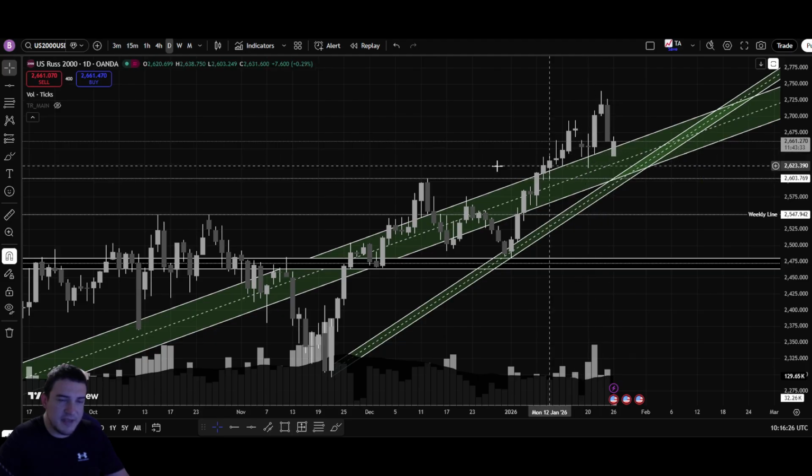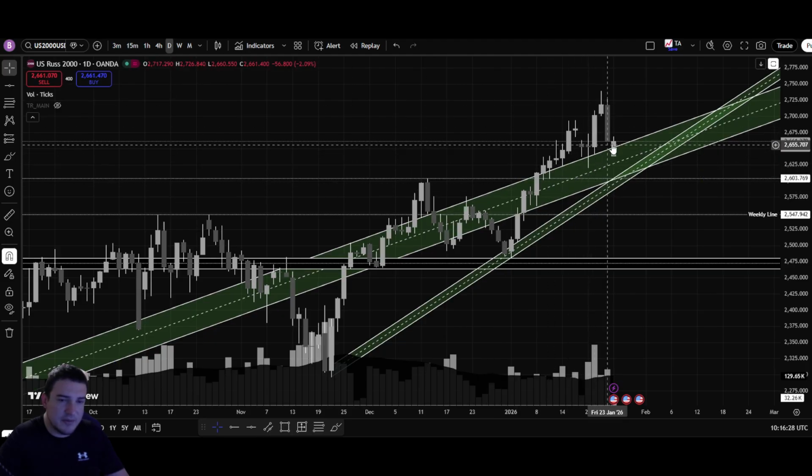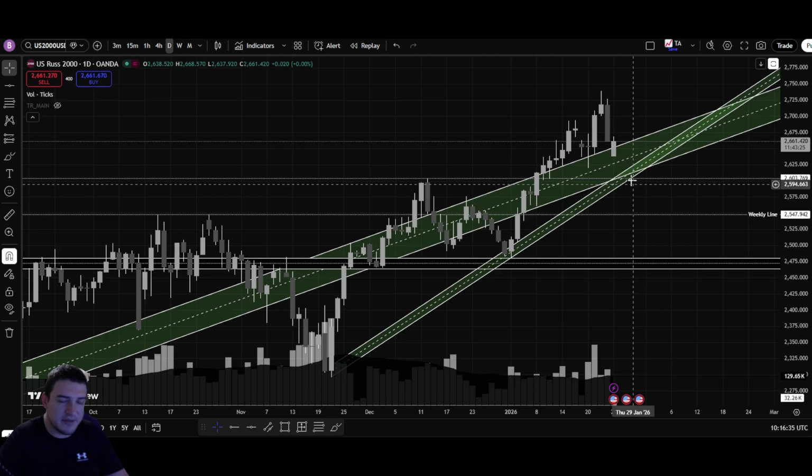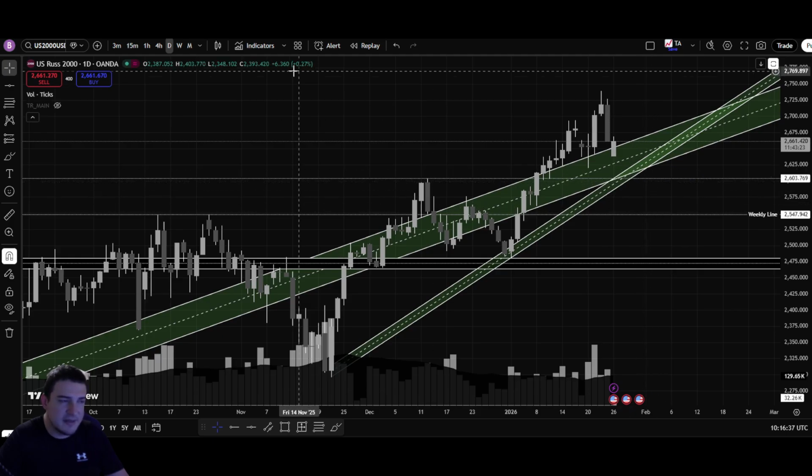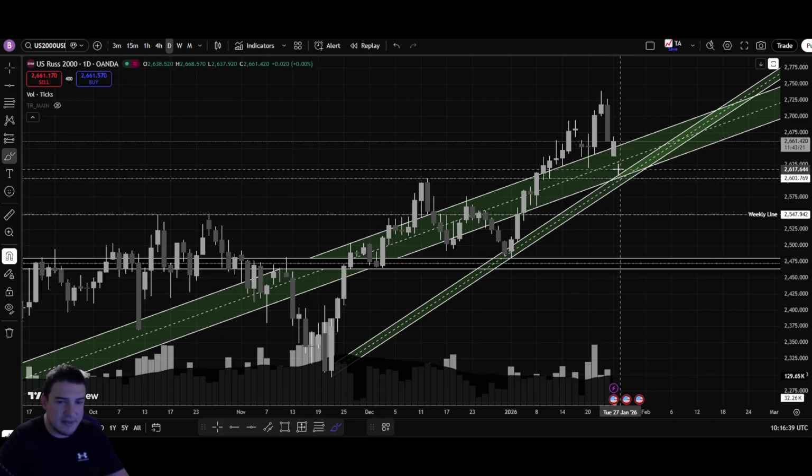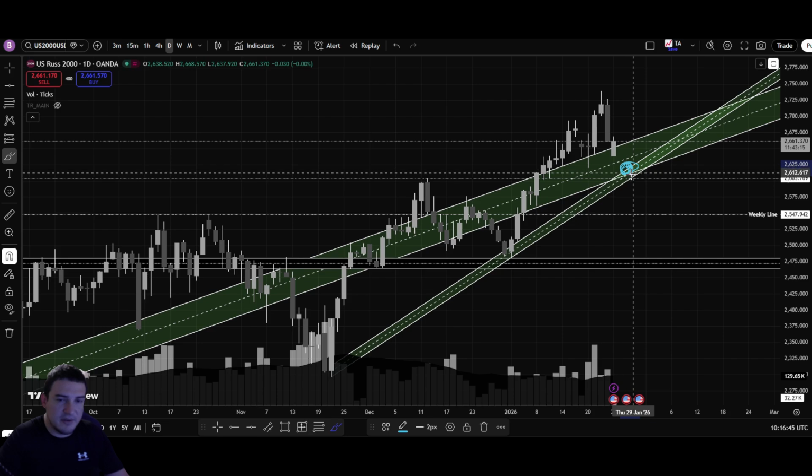Are we saving it, or could this be we're breaking into it and we start going down like the rest of the indexes? I guess like I said last week, this area where the two trend lines connect will be a really good area to watch.